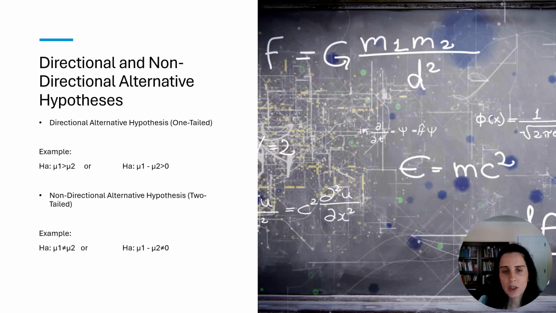Using the same educational study, the hypothesis might be in this case there is a difference in test scores between students who participated in the after-school program and those who did not, without specifying whether one would be higher or lower. This can be formally written as mu1 is different than mu2, or mu1 minus mu2 is different than 0.